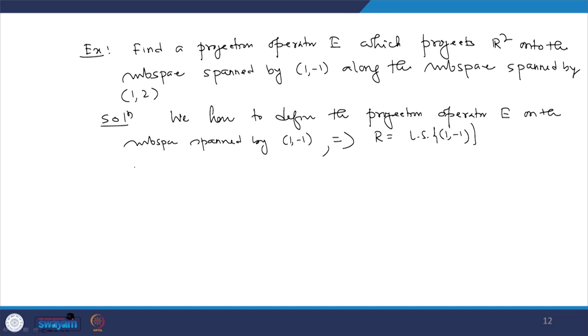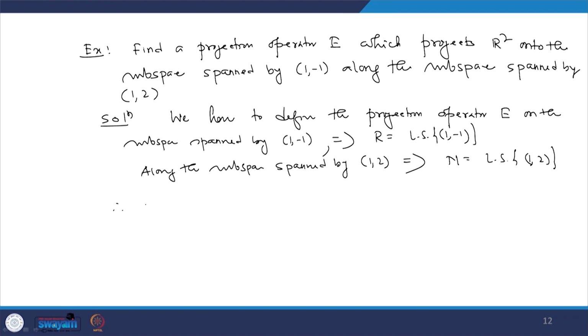Along the subspace spanned by (1, 2) implies that the null space is equal to the linear span of (1, 2). So, it is given that E of (1, 2) equals 0, and E of (1, minus 1) equals (1, minus 1).